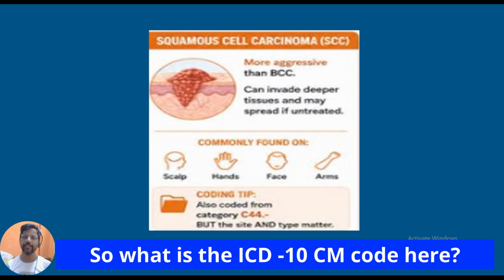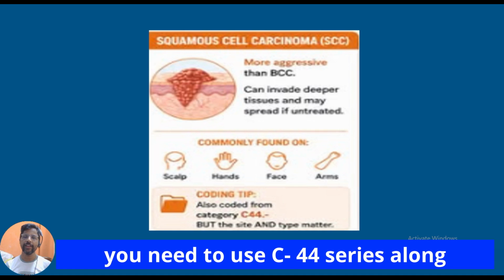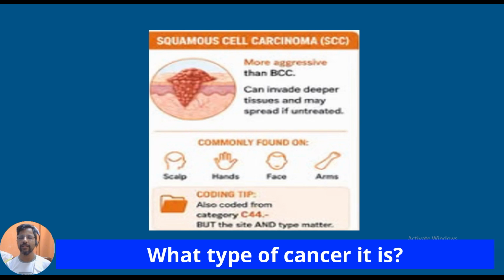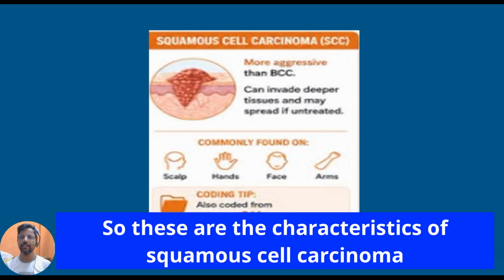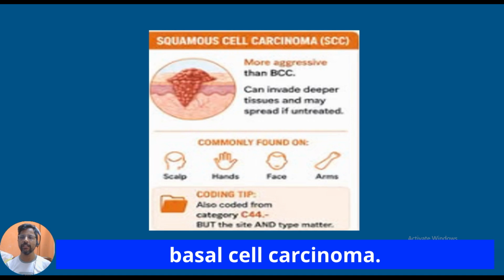What is the ICD-10 coding tip here? Whenever you want to code squamous cell carcinoma, you need to use the C44 series along with site and type, what type of cancer it is. These are the characteristics of squamous cell carcinoma, which is more aggressive than basal cell carcinoma.